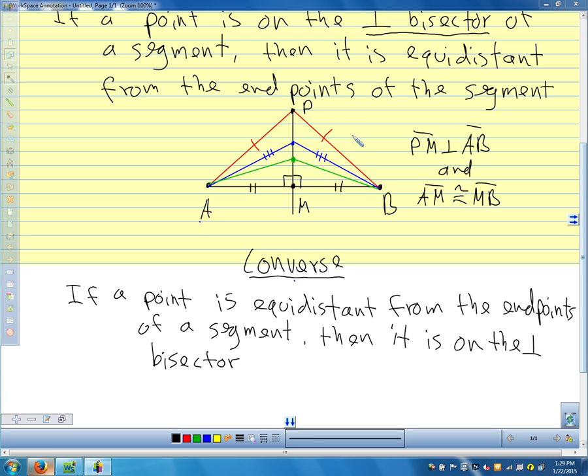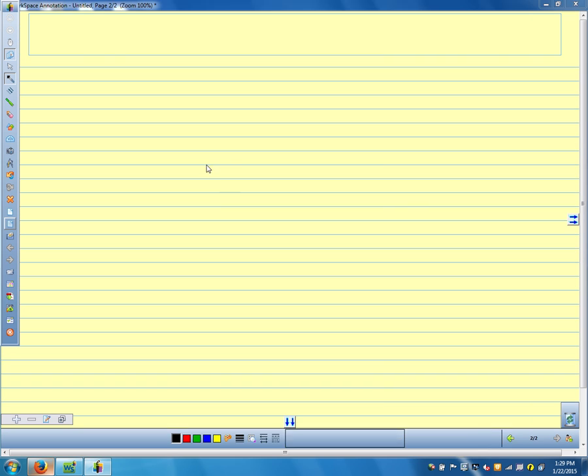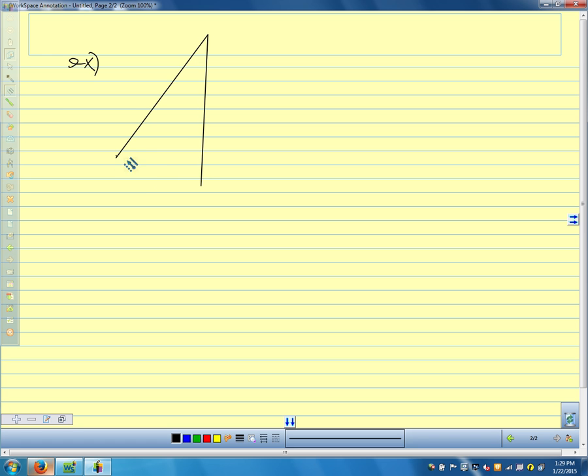Let's take a look at the type of problem you might see having to do with perpendicular bisectors. So here is my triangle. And one thing you'll notice in geometry is once we start learning about triangles, we use triangles a lot.